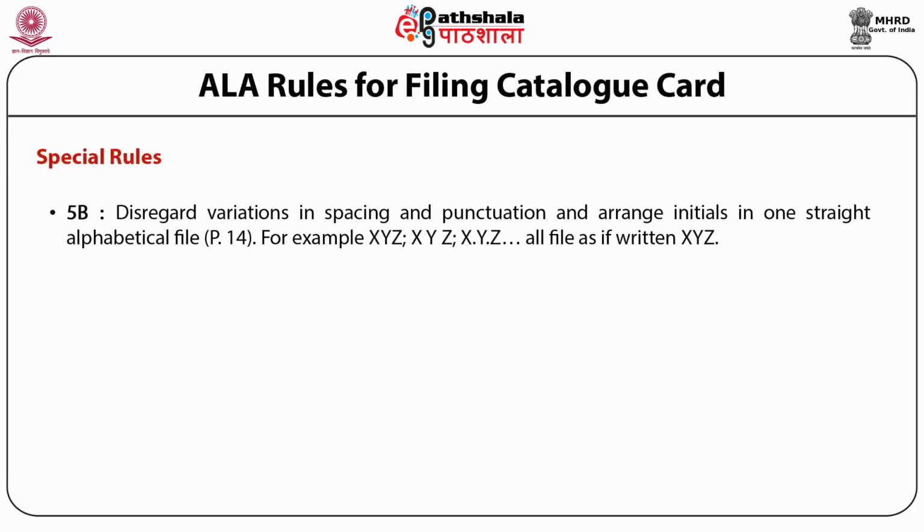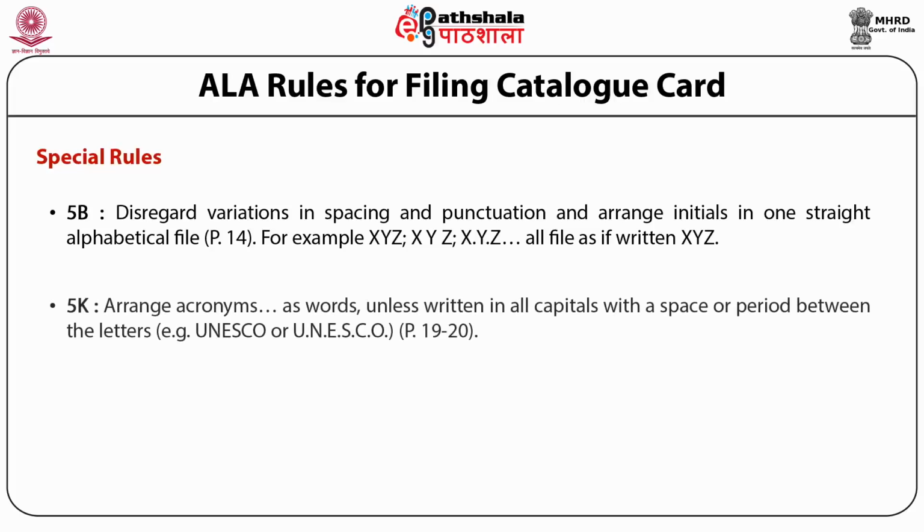Rule number 5B. Disregard variations in spacing and punctuation and arrange the initials in one straight alphabetical file. This rule is given on page number 4. For example, XYZ, X space Y space Z, X dot Y dot Z, all file as if written as XYZ.